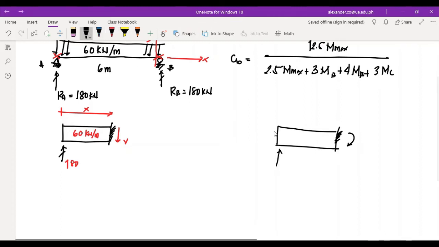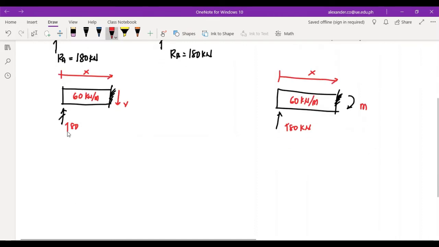But what we're looking for here is moment. This is also 60 kilonewton per meter, approaching this length, and also 180 kilonewton. Let's do shear first. At any point, like in double integration, the value of shear will be 180 minus 60 times x.